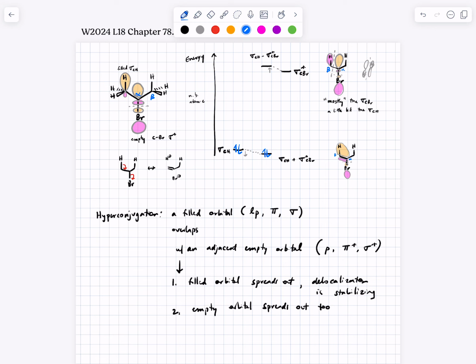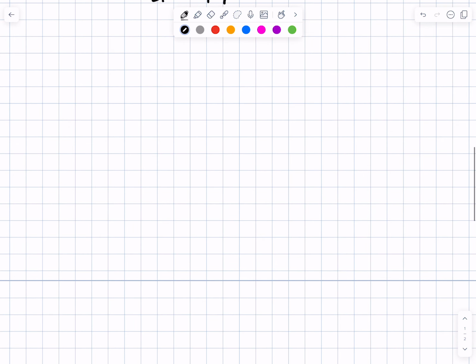Because if you attack, maybe we'll just redraw to re-emphasize things. If you attack this LUMO at the alpha carbon, you'll see just what you would expect for a substitution reaction.